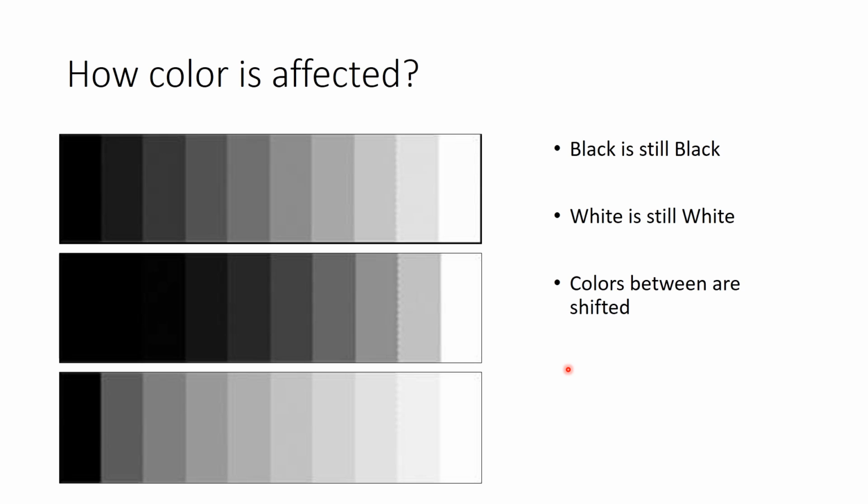An interesting thing that you can see here is that in the three cases, black colors are still black, white colors are still white, but the colors between them are shifted. In this case, it's more difficult to distinguish dark colors, and in this case, it's more difficult to distinguish white colors.